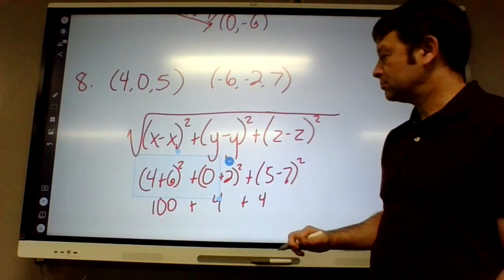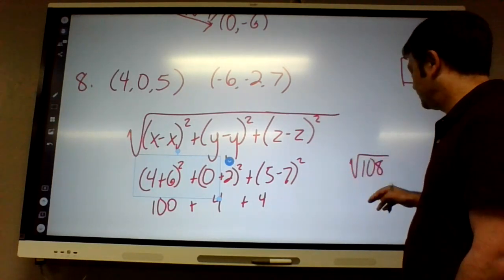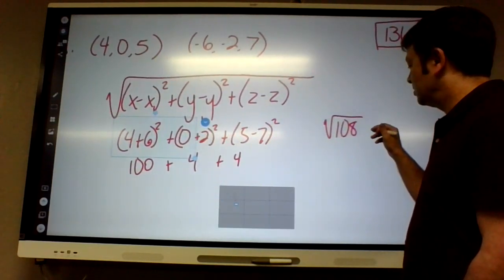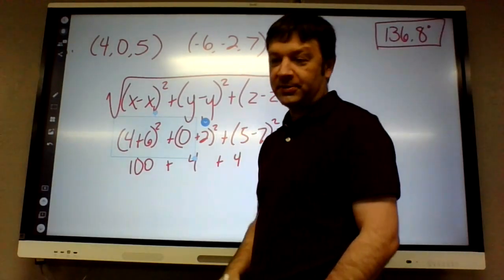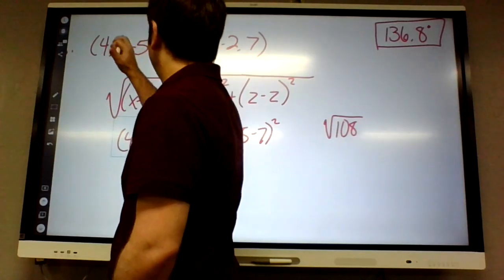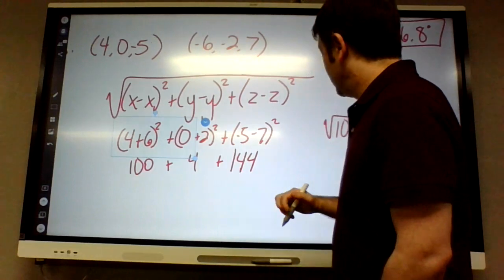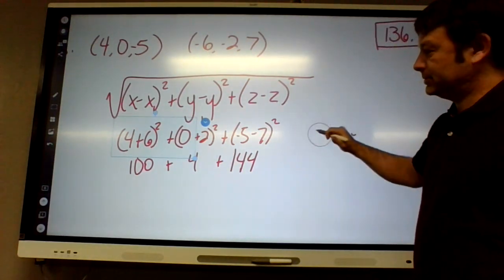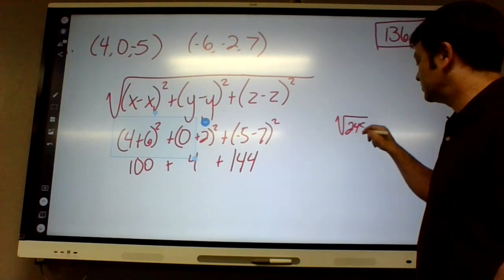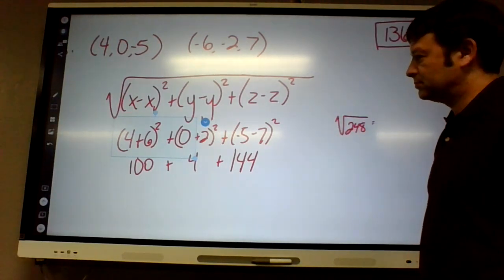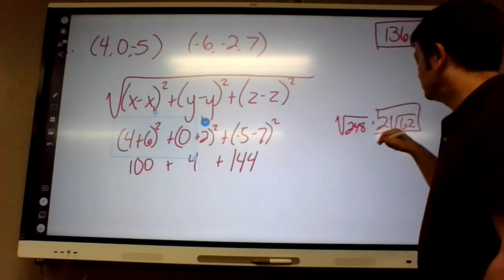Square root of 1. Oh, that does simplify. 6 squared, 3, negative 5 minus. Oh, I wrote down the wrong numbers. Darn it. Okay, now that's a lot bigger. 248. What's the square root of 248? 2 squared, 62.